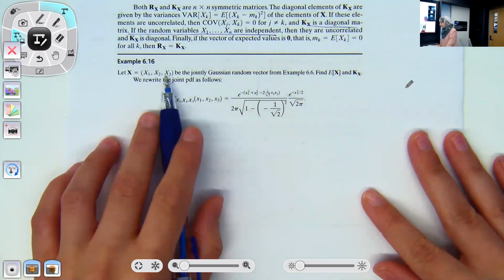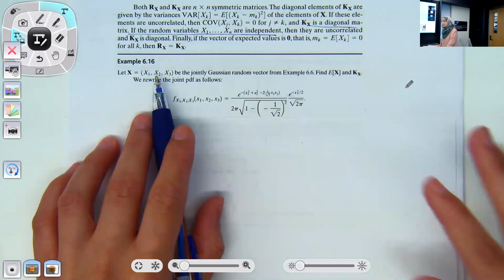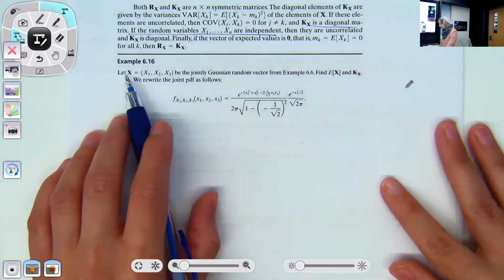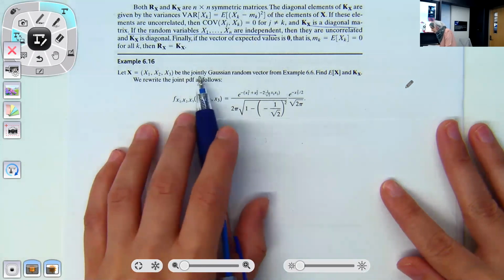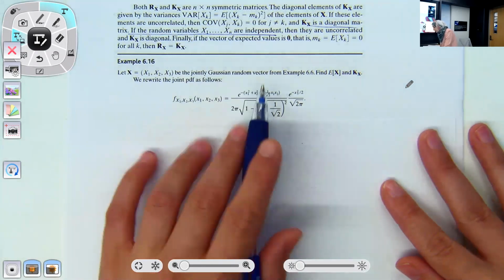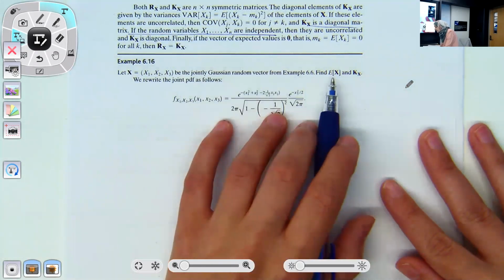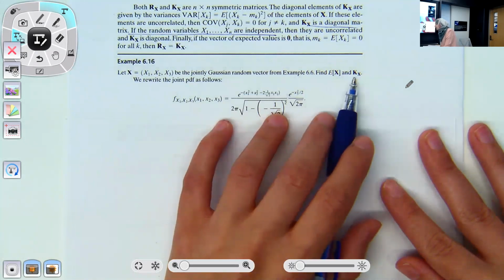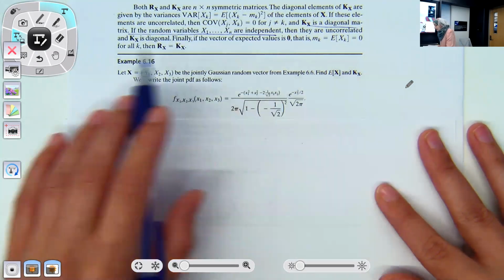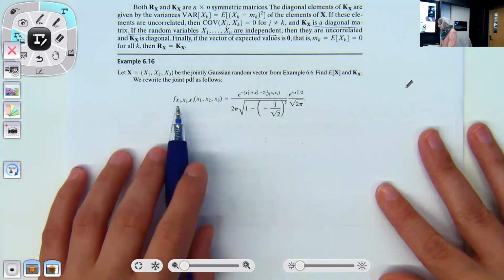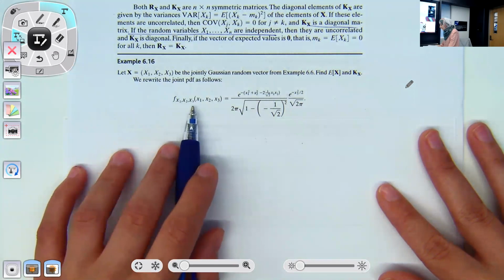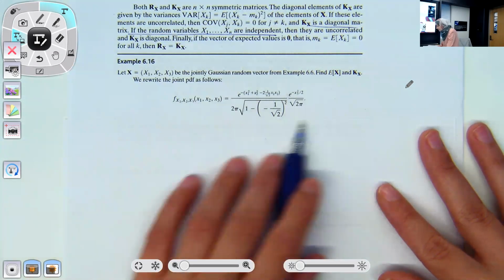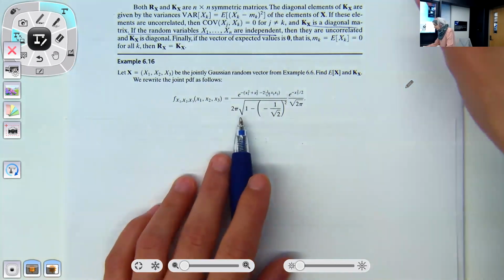Because here we have more than 2, we call it multivariate. Let x equal x1, x2, x3 be a jointly Gaussian random vector. We need to find the expected value of x and the matrix K. The joint PDF is given by this function. Here we have f of x1, x2, x3 given by this function.